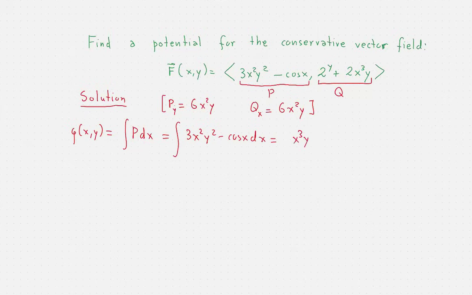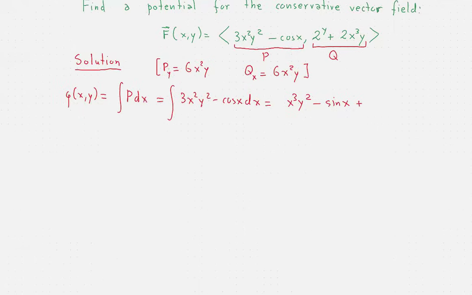And here's the crucial point where we don't put plus c, but we understand that since this entails partial differentiation and partial integration, if you will, (partial integration should not be used in this sense because it's usually integration by parts), the bottom line is that the constant is interpreted as a function of y.